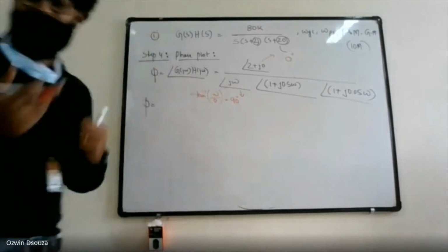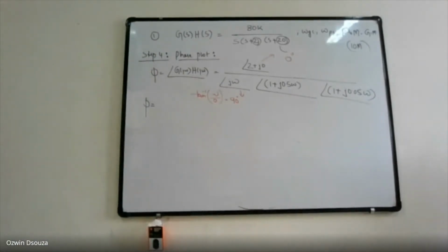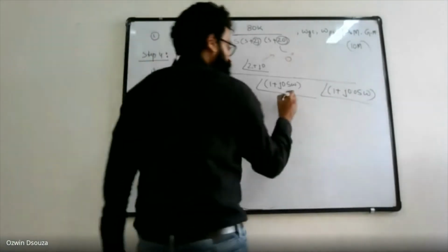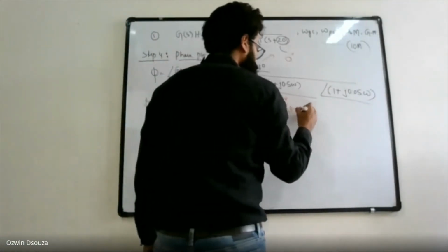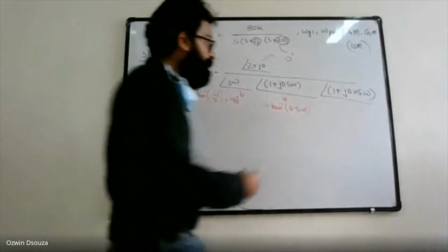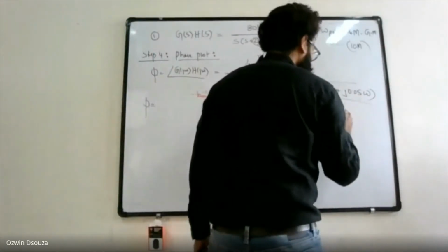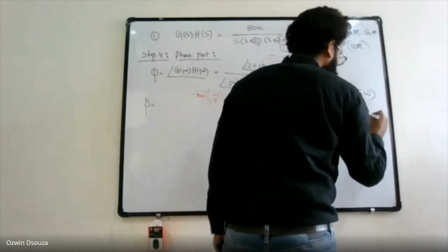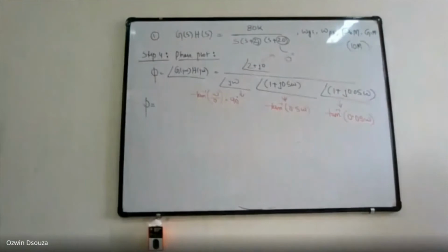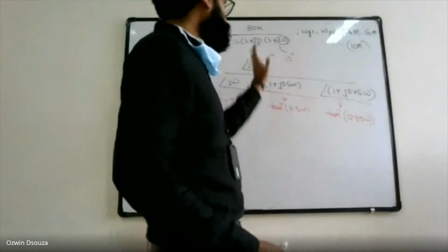Omega by 0 is infinity. Tan inverse of infinity is 90 degree. So this factor gives 90 degree. On the other hand, this factor gives tan inverse of 0.5 omega as the angle. And the last factor gives the angle as tan inverse of 0.05 omega. So these are the angles given by the system.